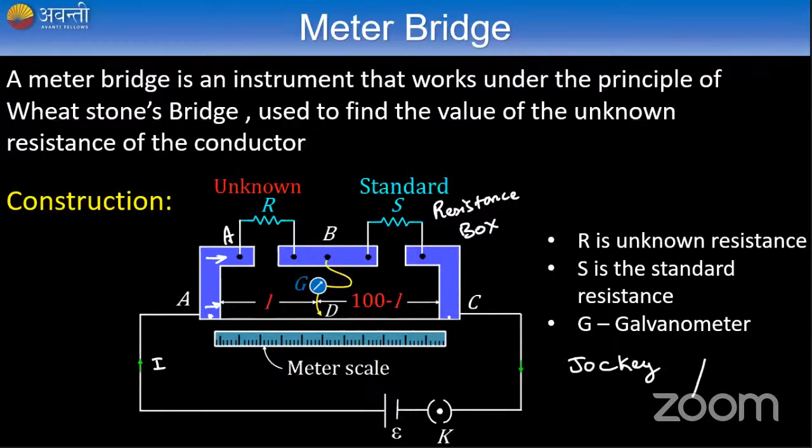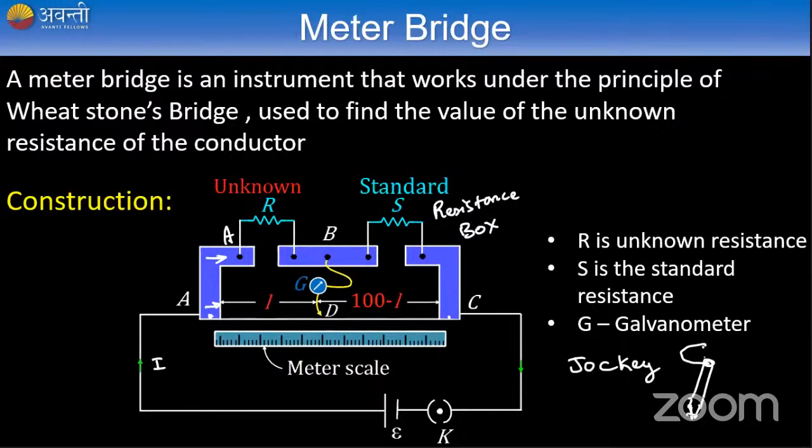It will be something more like a pen, a steel pen. It will have a pointed edge and a screw to tie here. A wire will pass from here, and it is connected to one end of the galvanometer.